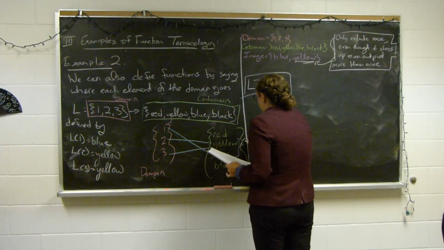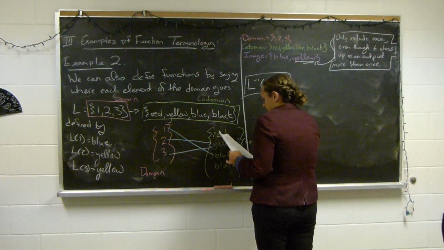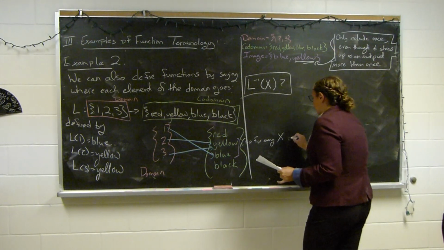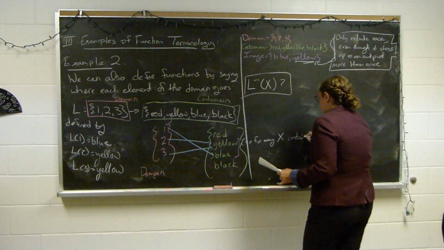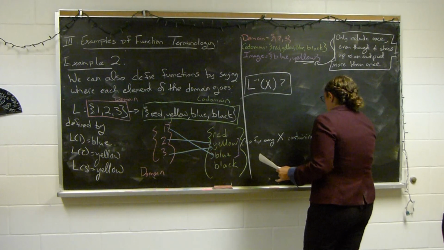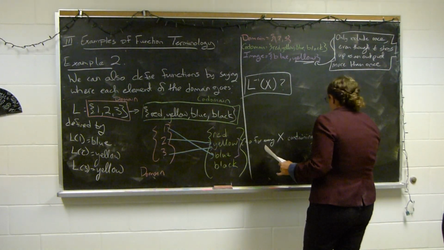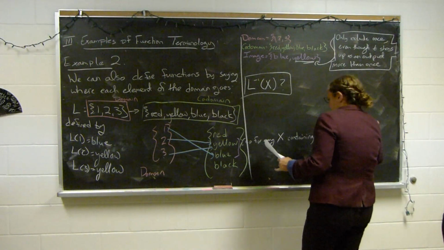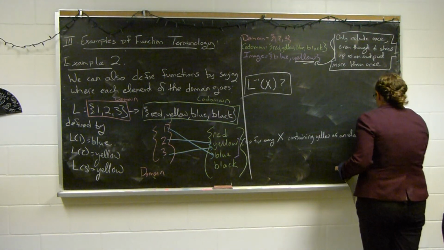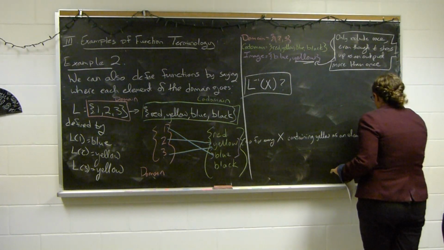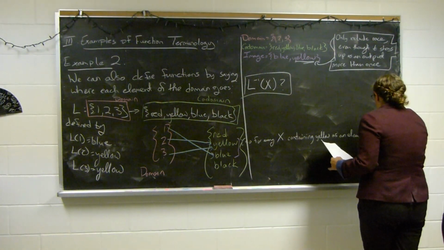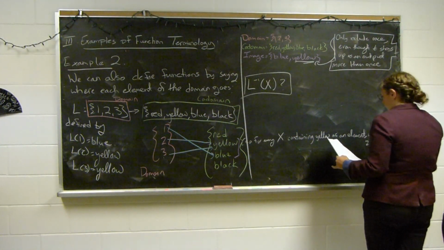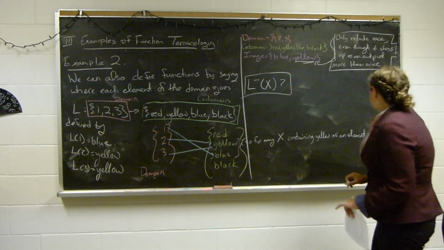So for any X containing yellow as an element, both 2 and 3 would have to be in there. Okay, and that's going to be useful for us to keep track of.